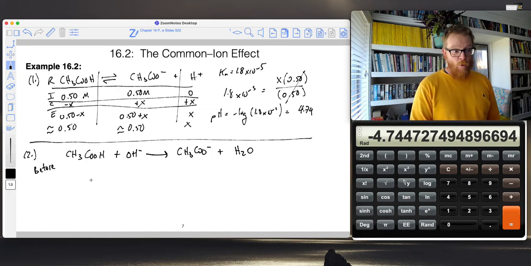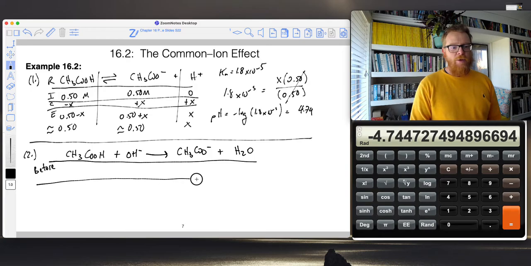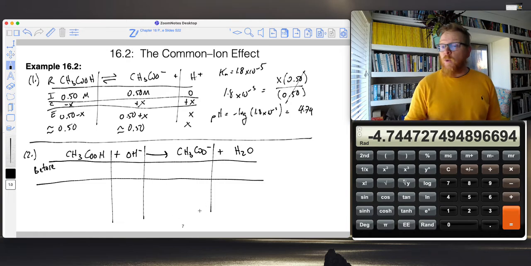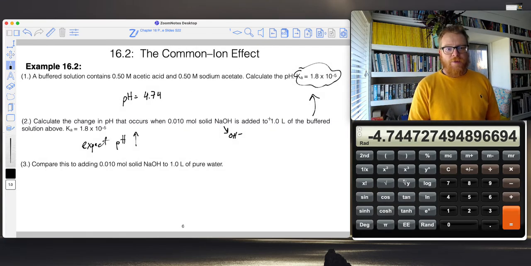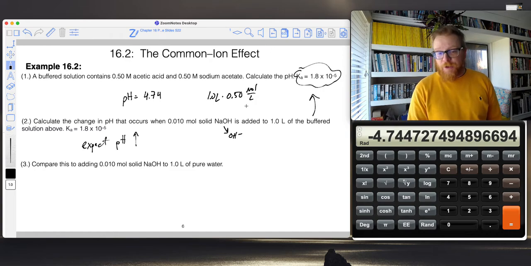So now what we're going to need to do here is first set up our before column. In this before column, I want to calculate the number of moles of my species in question. So I don't want the molarity, excuse me, I want the number of moles. We were told that it's 1.0 liter times 0.5 molar, which is the same as 0.5 moles per liter.